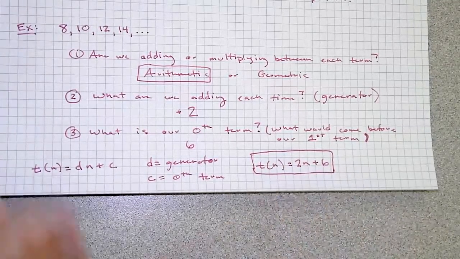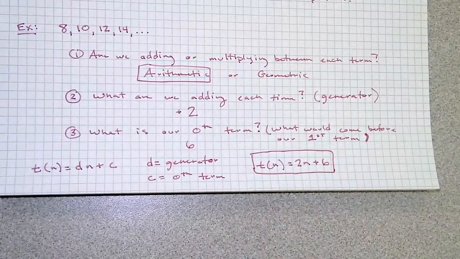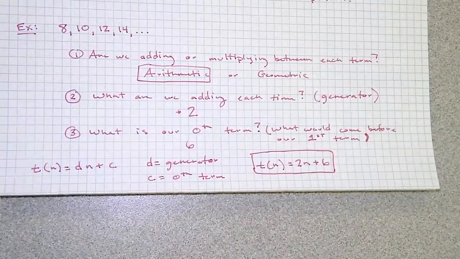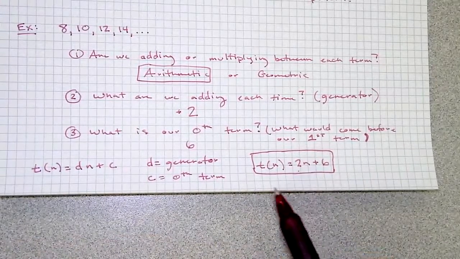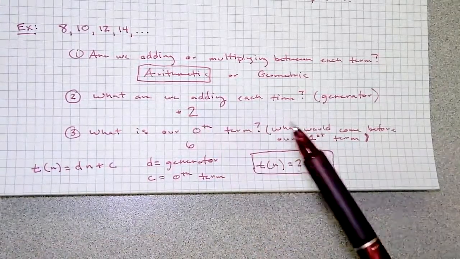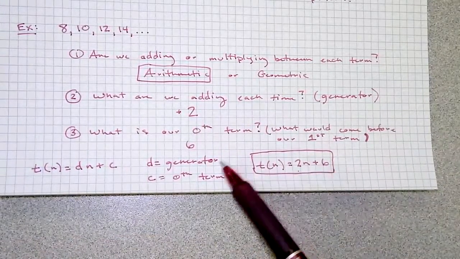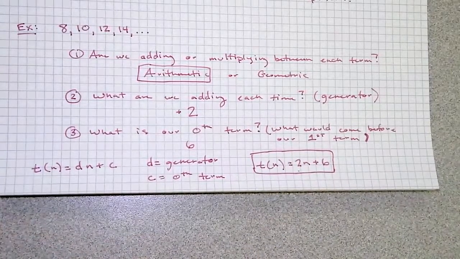The good thing about arithmetic equations is they are pretty much the exact same thing as the slope of a line, where we had y equals mx plus b. This is our slope. What are we adding each time? We're adding 2. This is our y-intercept or our starting point, 0th term, 6.